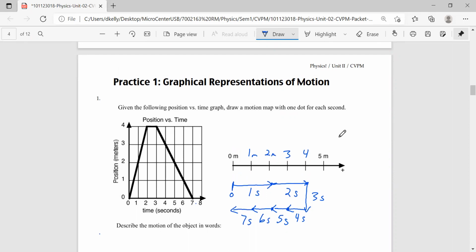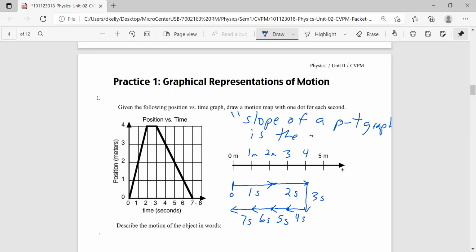So one thing we want to keep in mind, or one thing that is true about the slopes of position time graphs. So these lines here, you can take the slope of these lines. And you can write it here on the CVPM or in your notes, but the slope of a PT or position time graph is what we call the average velocity.